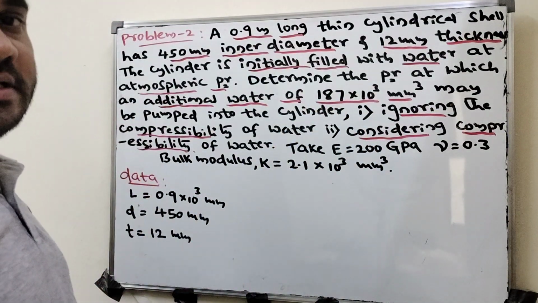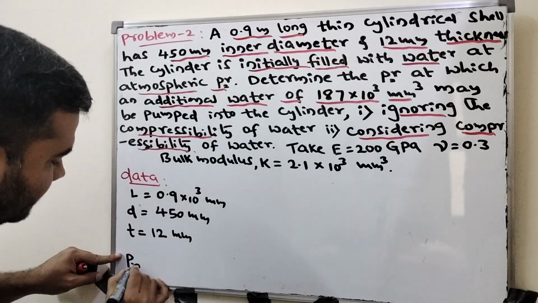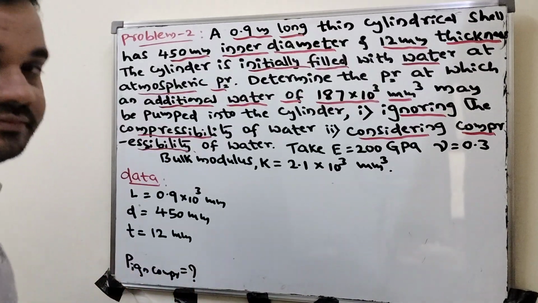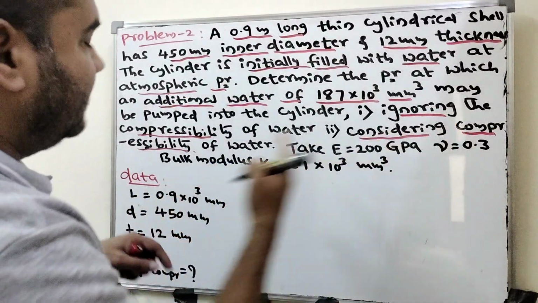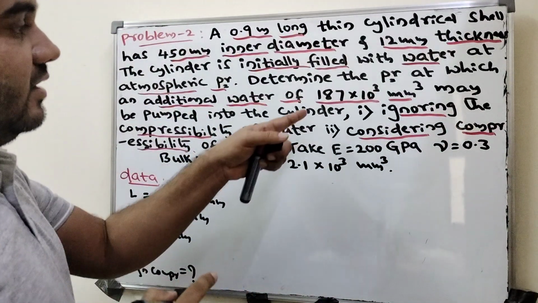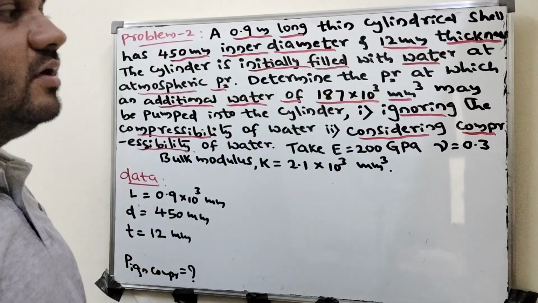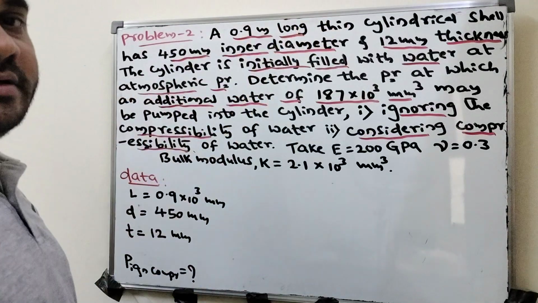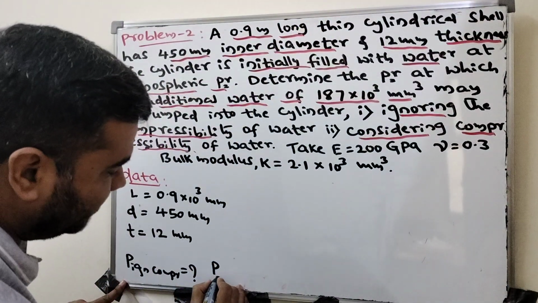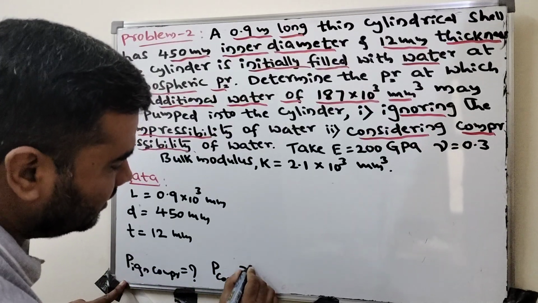Second, consider the compressibility and find out the pressure at which you are pumping the water of 187 into 10 raised to 3 mm cube into the cylinder.